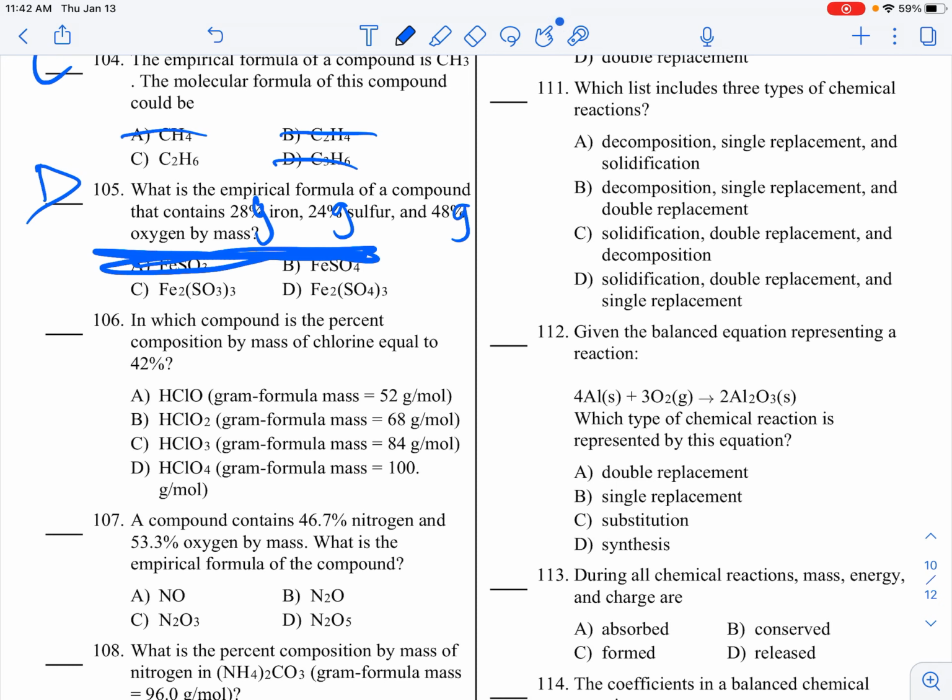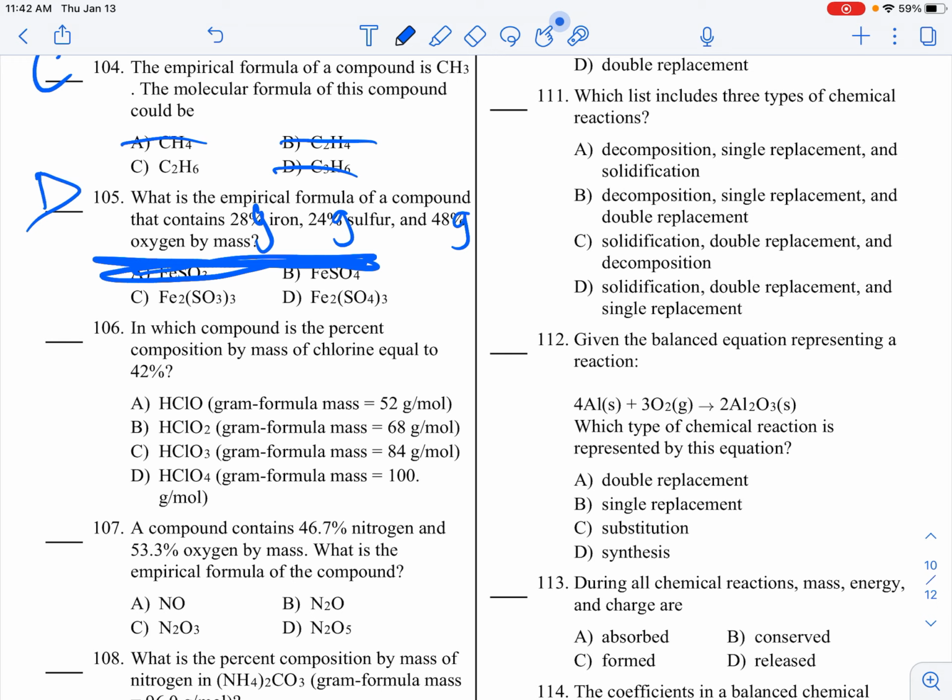Percent composition. So part over whole times 100. Chlorine. So it's nice. It gave us the full GFM. So all we need to do is find the part. So 35 divided by whatever it gives us times 100. Because they're all 1 chlorine. So 35 divided by 52 times 100. First one is 67%.